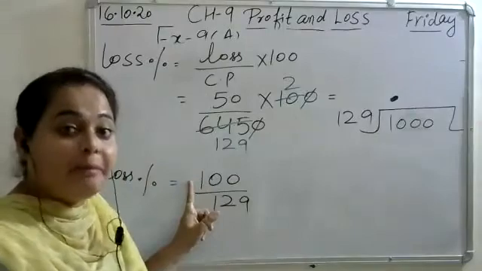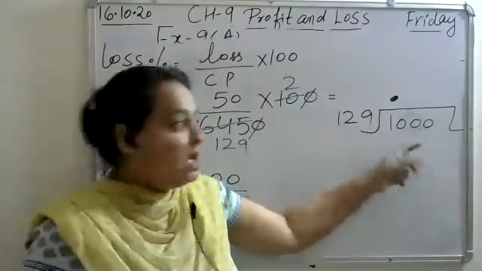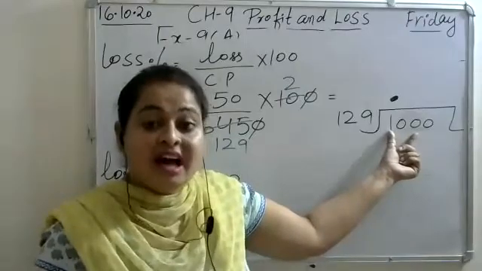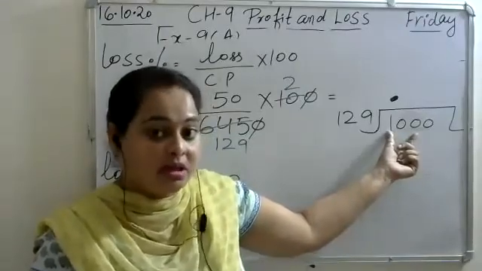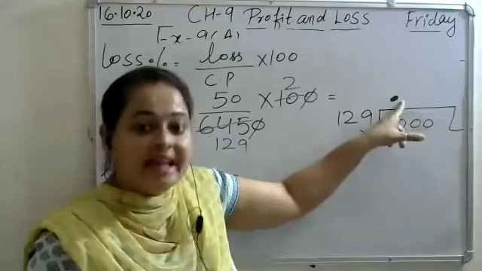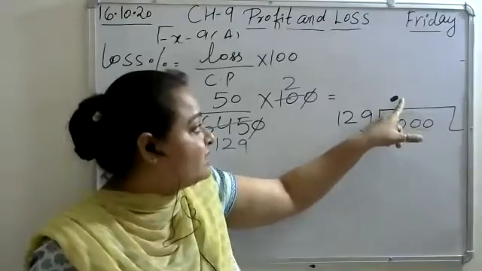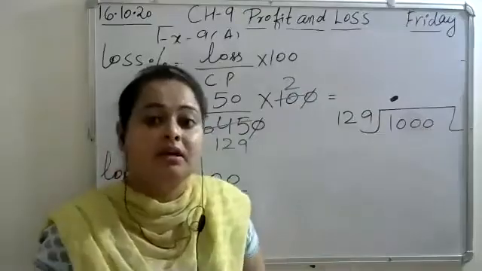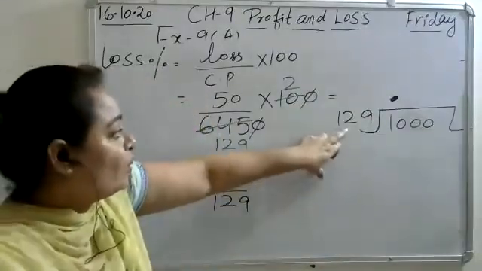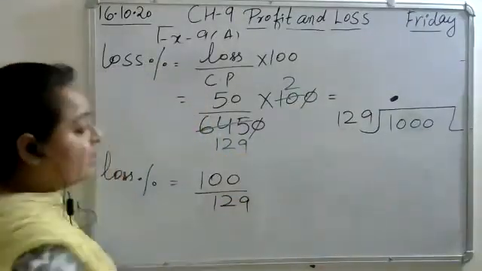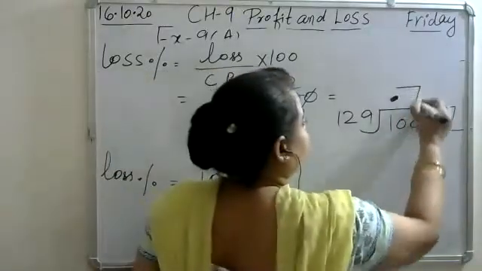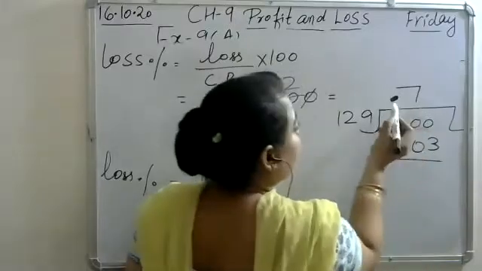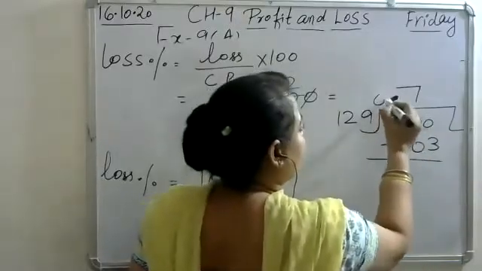Always write the upper number inside. As the inside number is smaller, direct division is not possible. So you will put here a decimal, and with this decimal you get 10. Now division is possible. Now 129 sevens are 903. And before the decimal write 0 here.